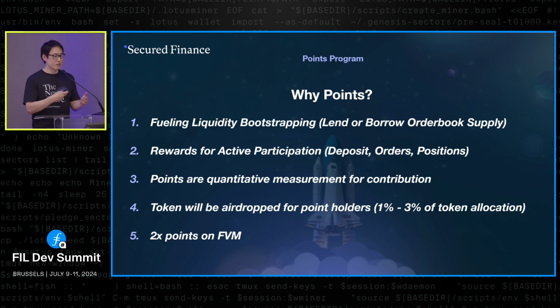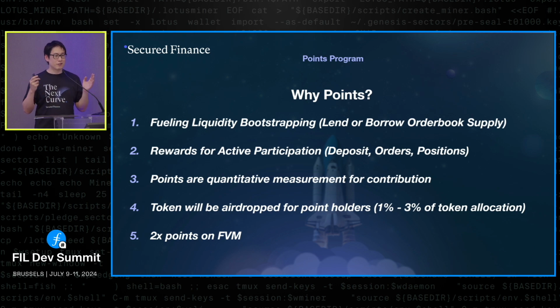We want to incentivize 3 activities: deposit, placing orders, and holding positions. And then we are going to launch our tokens, and we pre-allocate 1% to 3% of the token allocation for the early supporters. We measure the number of points you have, and then distribute tokens on a pro rata basis.